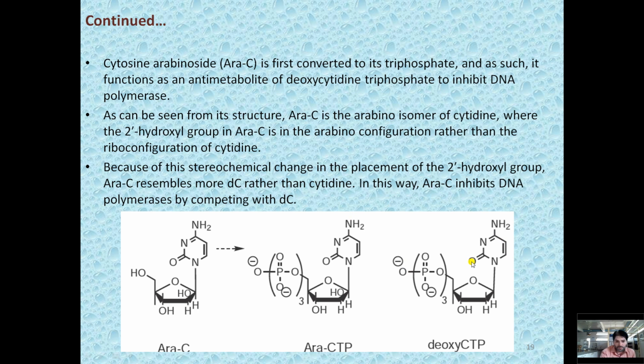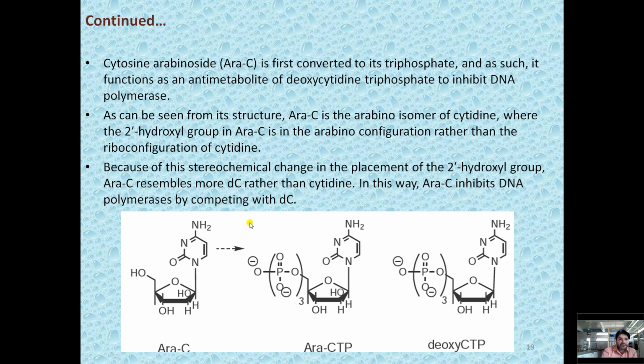Okay. So, there is a structural similarity with the cytosine, but the only difference is that in cytosine arabinoside there is a 2' hydroxy group present. This is the 2' hydroxy group, while in the cytidine molecule the 2' hydroxy group is absent. So, this is the basic configurational and isomeric difference in both molecules.